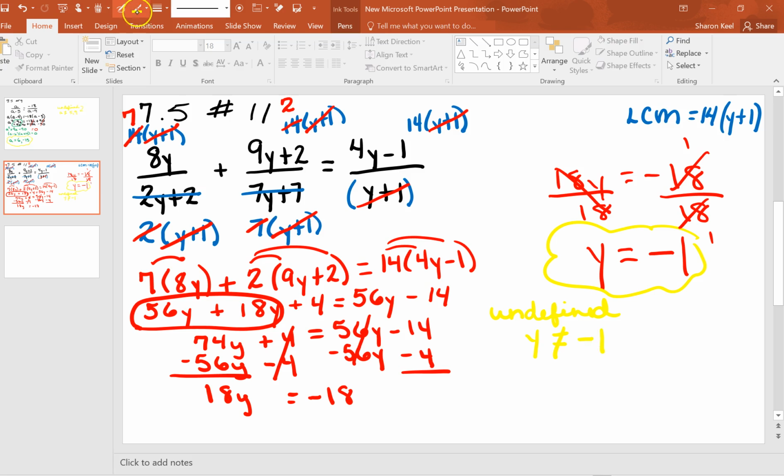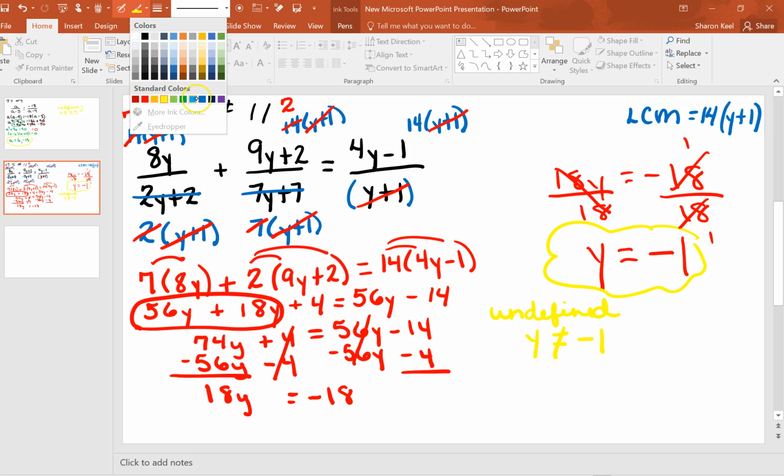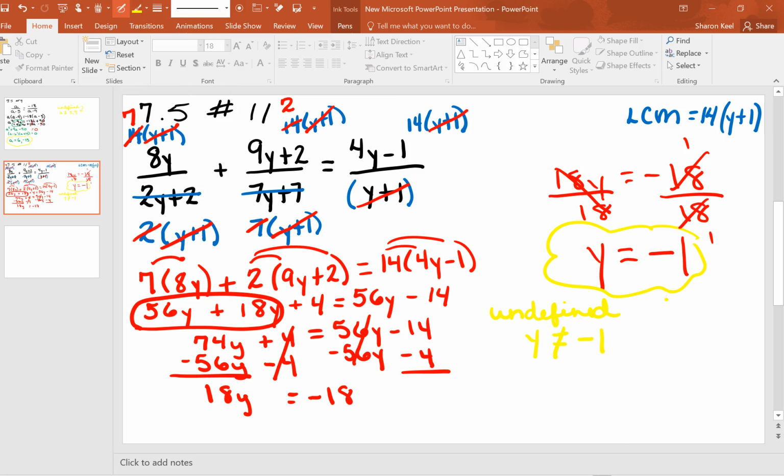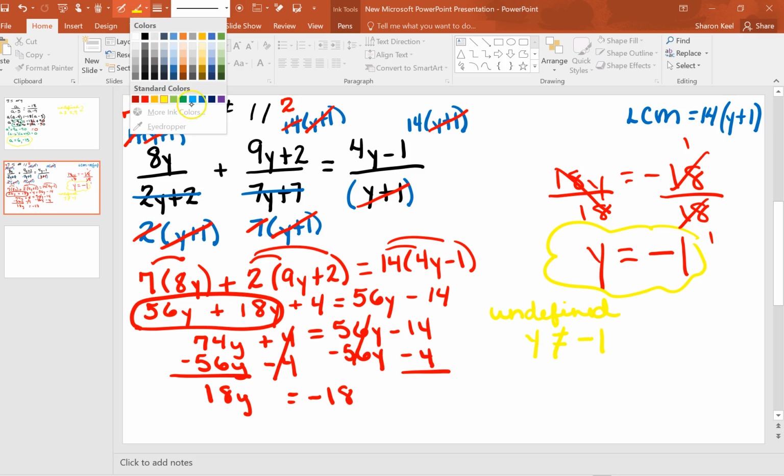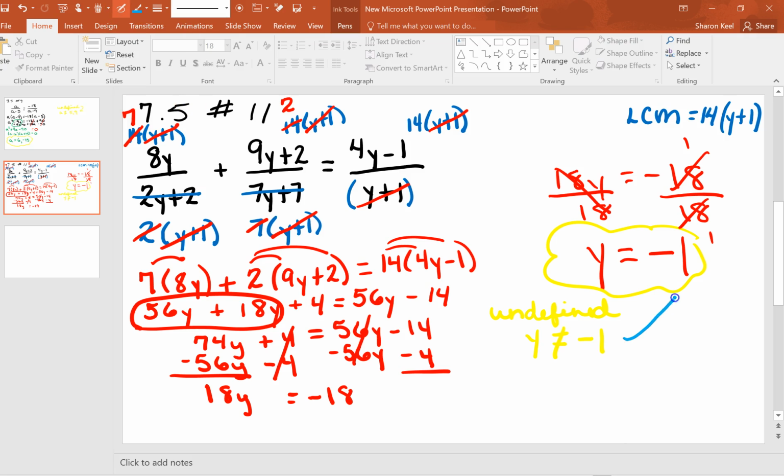Now this gives us a predicament here. In this situation, we are getting the value that makes it undefined being the same as the solution. So can we use negative 1 as an answer if it makes it undefined? No, we cannot use this answer.